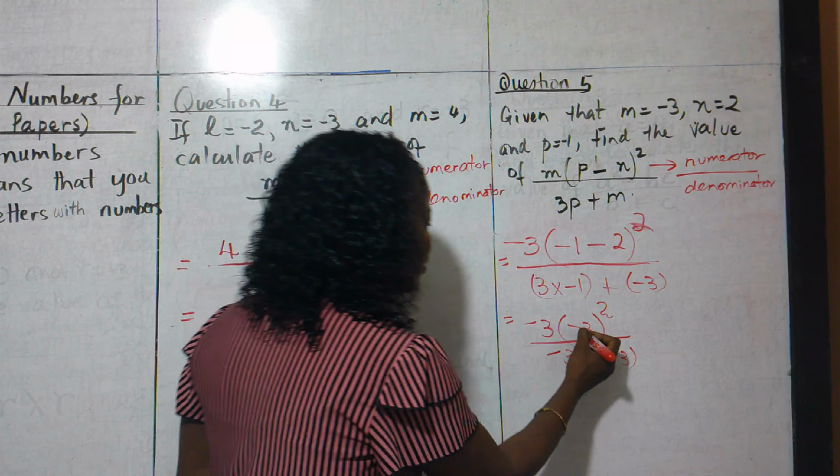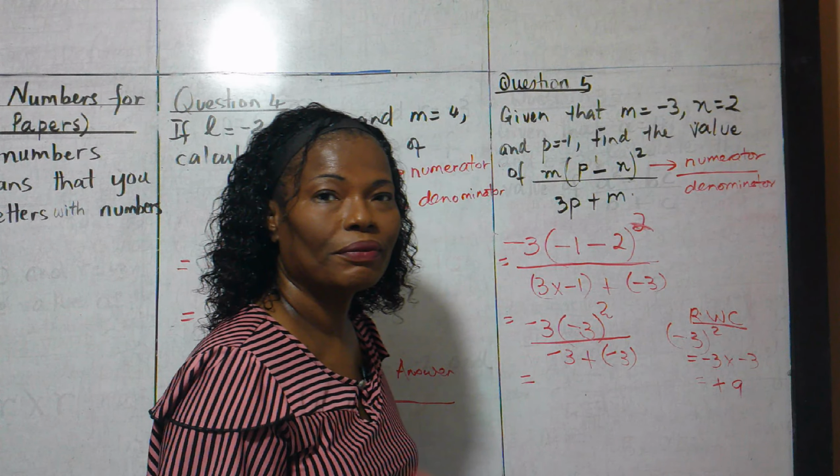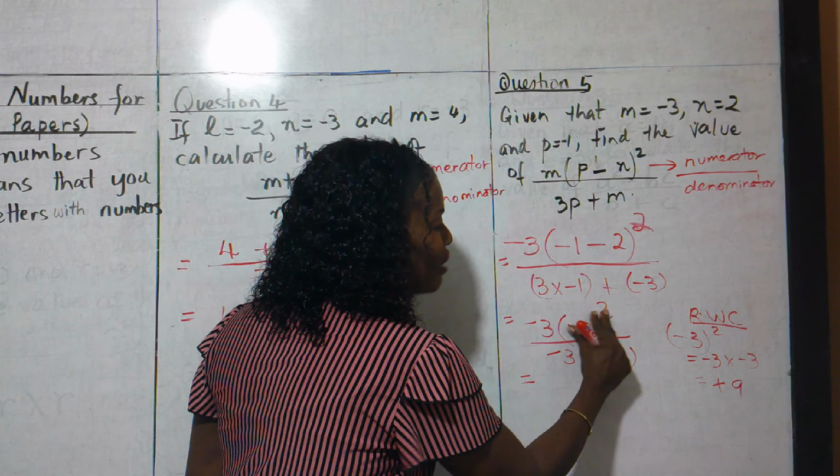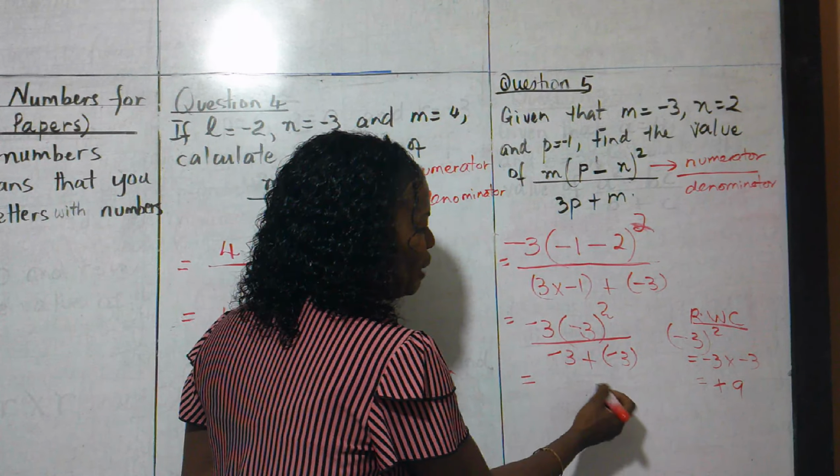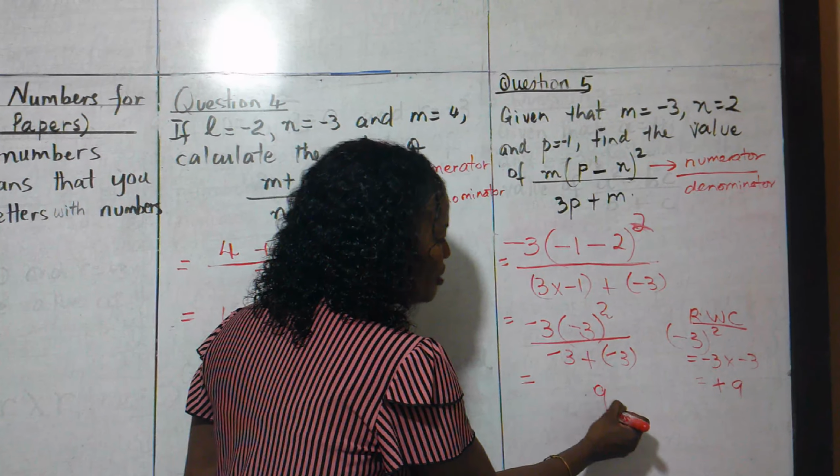Well, for the top one, negative squared, let's do a little rough work column. -3 squared means -3 times -3. Negative times negative is positive, and 3 3s is 9. Get that? So this part alone works out to be 9, positive 9.